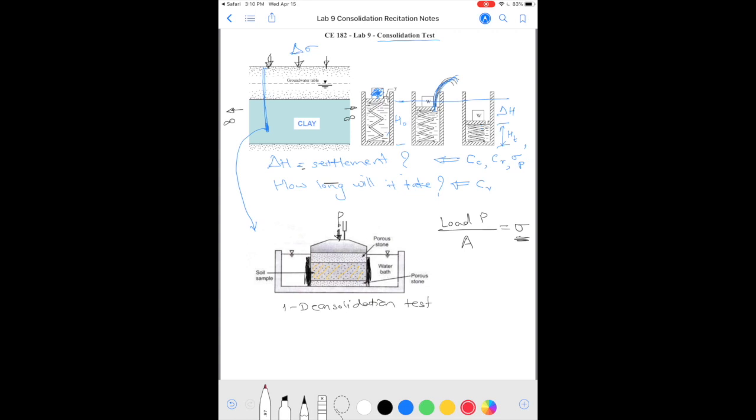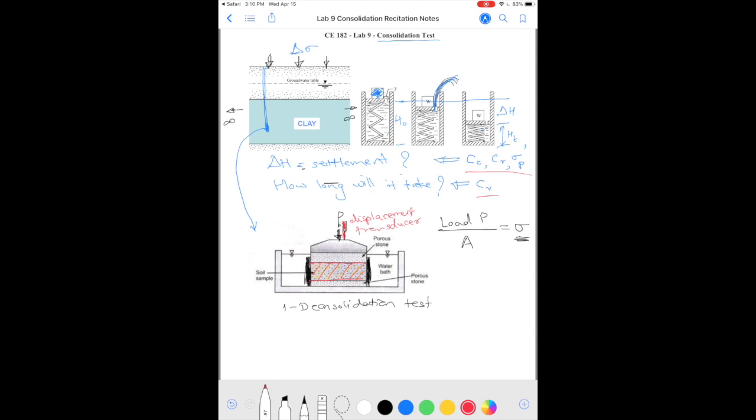And for that we use a displacement transducer. So we know the original height of the soil specimen, and with the application of each incremental stress, we find out how much is the change in the specimen height and use that information to find the soil parameters.